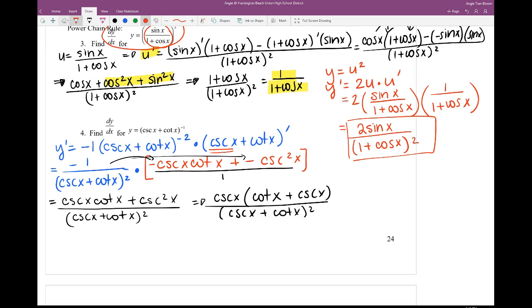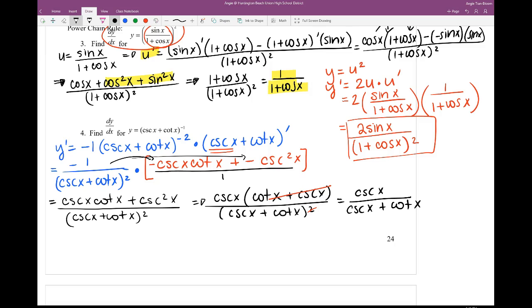Can we cancel? Of course we can. And then there's one left, right? So from here, we have cosecant of x all over cosecant of x plus cotangent of x. Now what do you want to do?